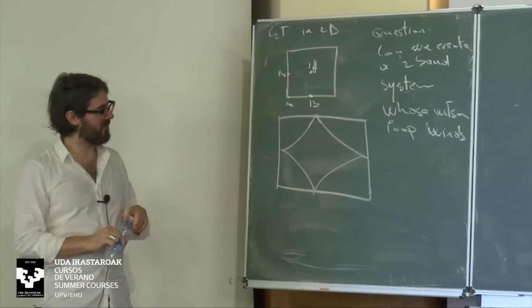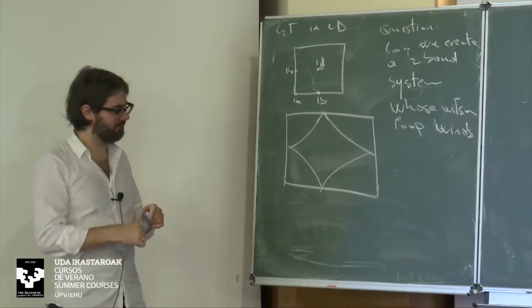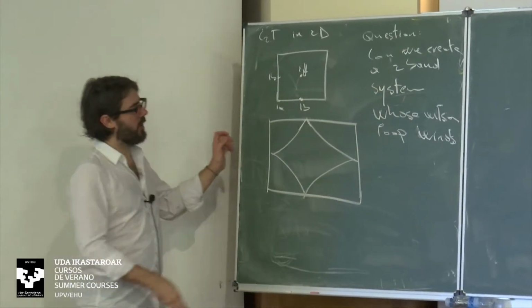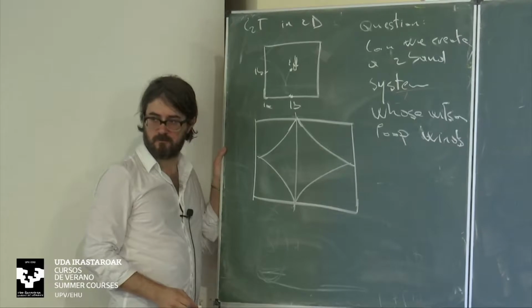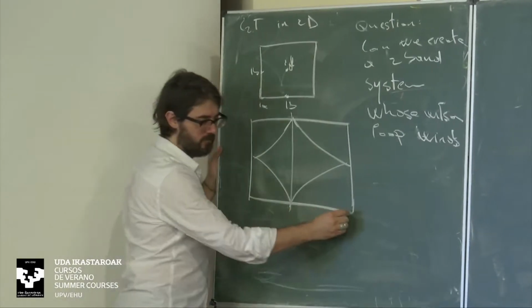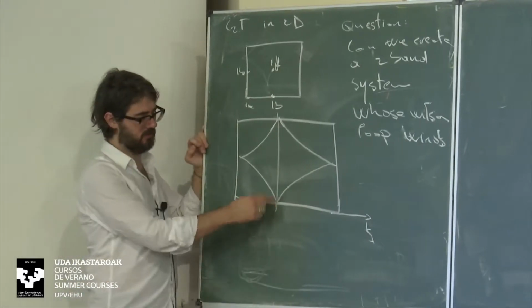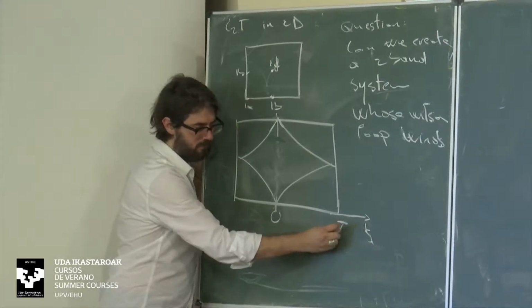But there's a twist. Where were these crossings in the case of inversion? So this is the Wilson loop spectrum, this is Kx. Where were these crossings? At Kx 0 and pi.